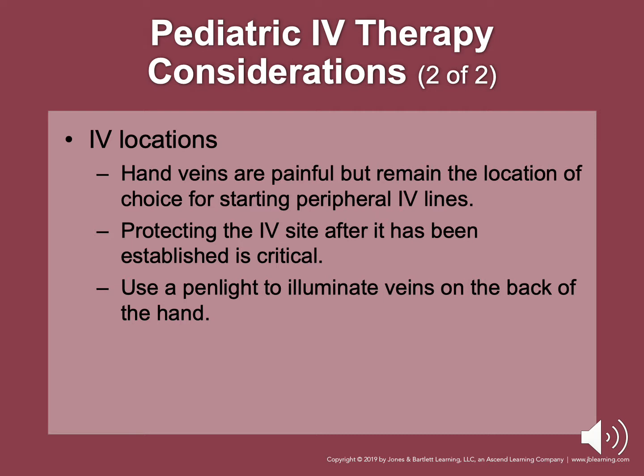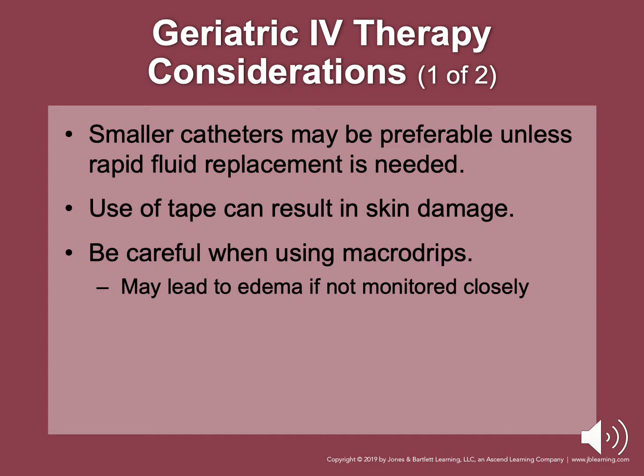All right, geriatric IV therapy. Smaller catheters may be preferable unless rapid fluid replacement is needed. We use those 20s and 22s. Some medications used by older adults have the tendency to create fragile skin and veins, anticoagulant therapy especially.